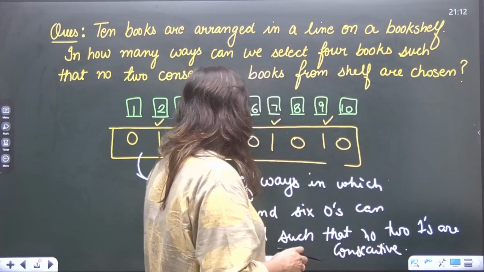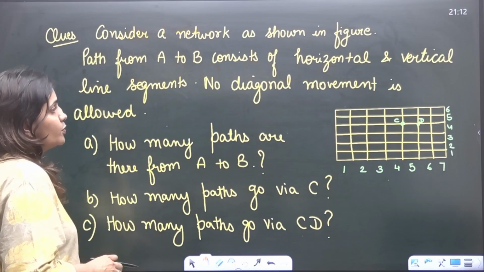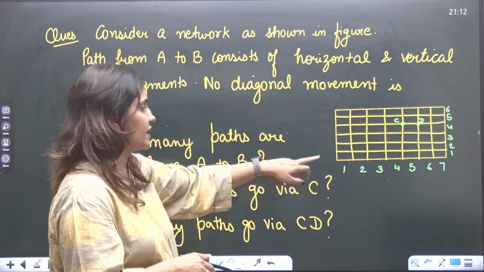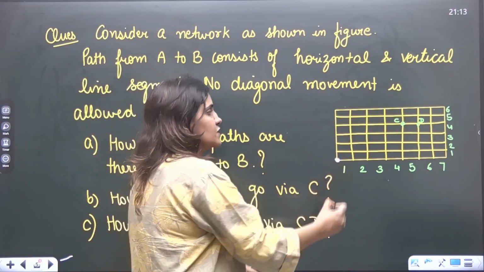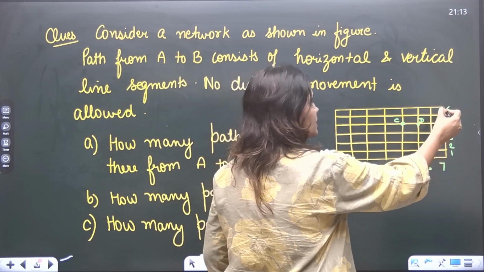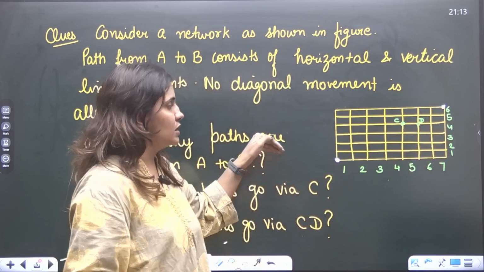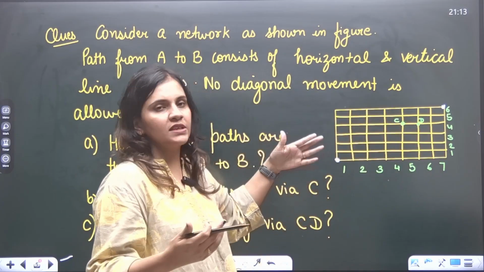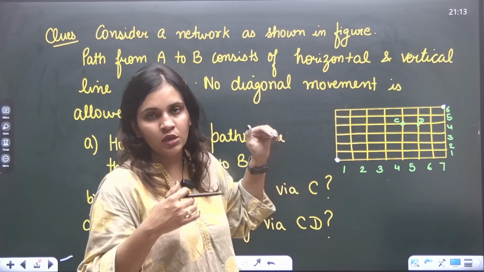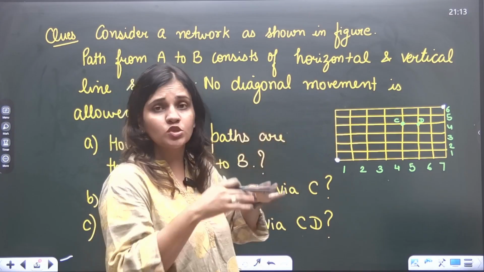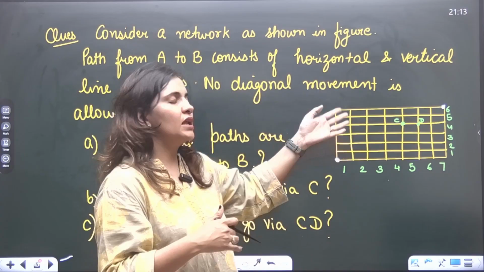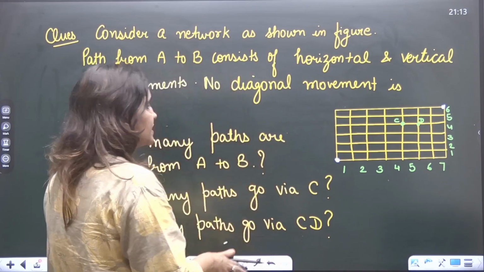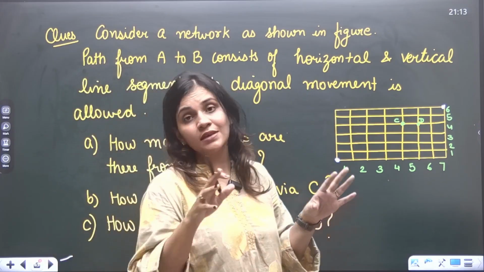Now in the next video, I will help you with an IOQM type of question, in which we have to find in how many ways I can go from this point to this point, passing through C or CD. If diagonal movement is not allowed, and only horizontal and vertical movements are allowed, how many paths can we create? We will do these types of questions using binary sequences in part 2.